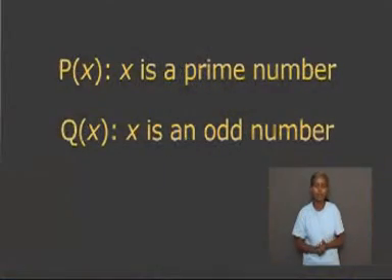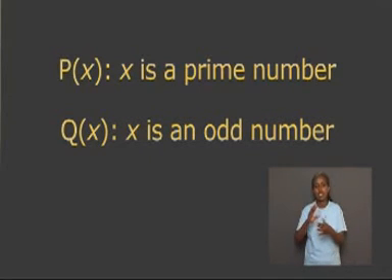We have time for one last activity, students. These are two open statements. The first states that p of x is a prime number. The second states that q of x is an odd number.